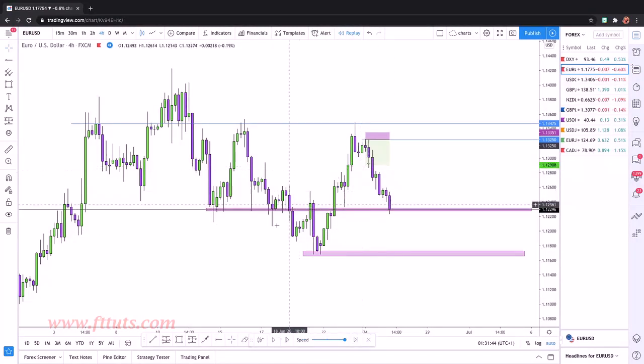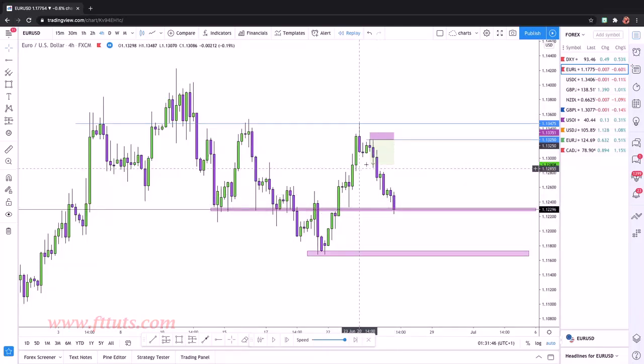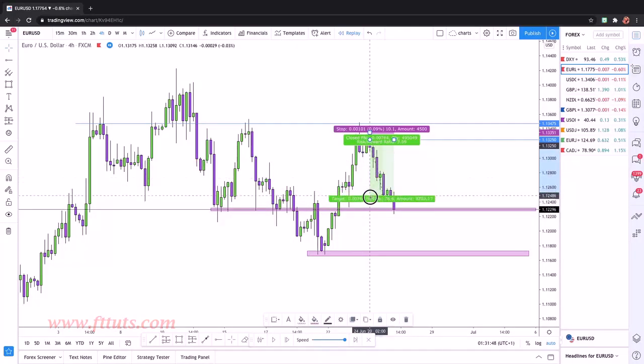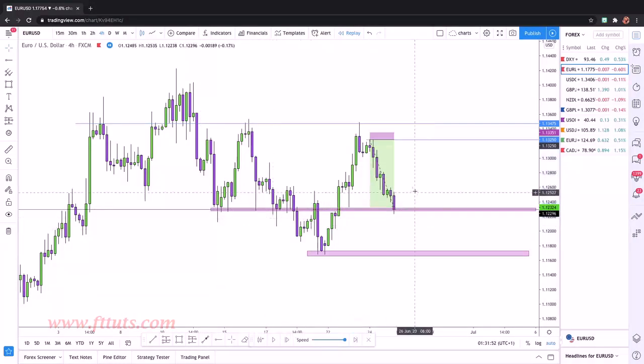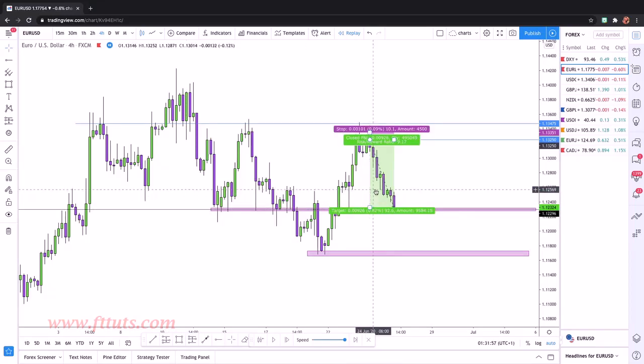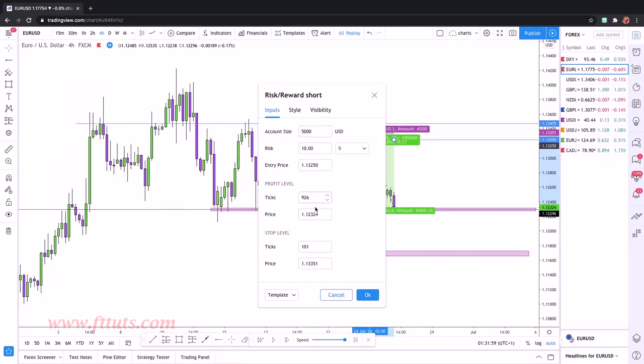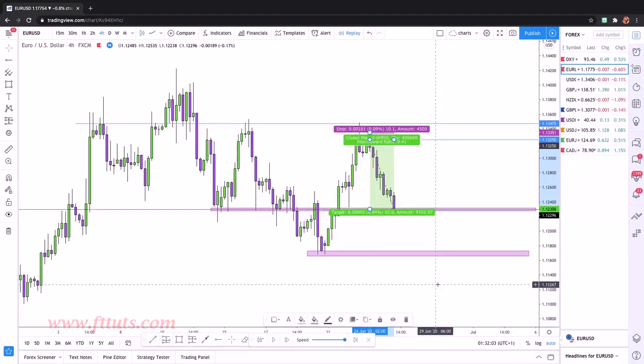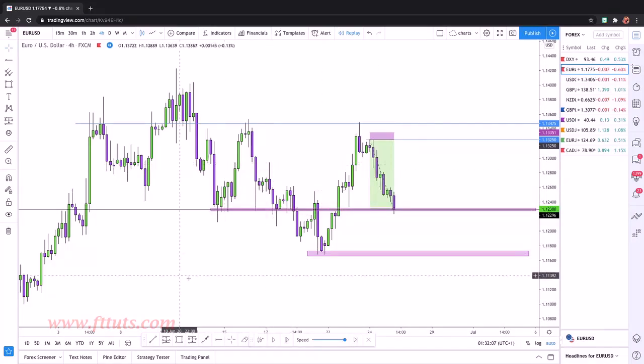It's my OCD kicking in. Our first target is where structure failed to break below, right here, around price 1.12300. So our profit level is 1.12300. It's hitting it right now, so let's see what happens next.